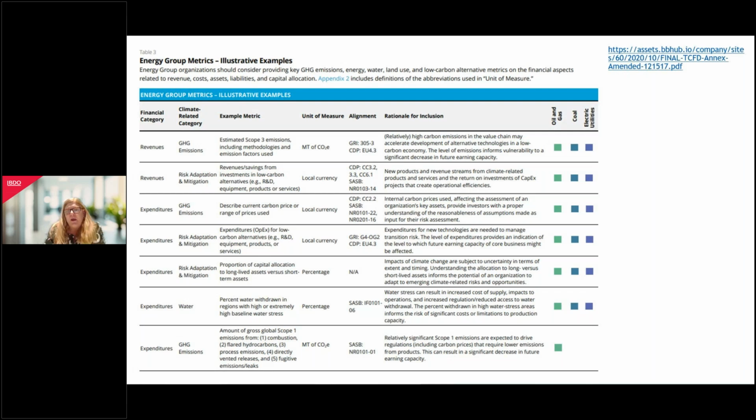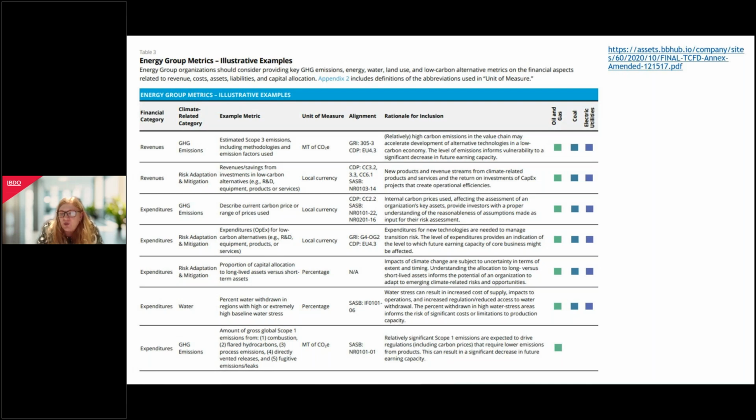And then they've put in a column around alignment. So this is alignment to other standards like GRI or SASB, etc. And they've explained the rationale for including this. So for example, on water, they've said water stress can result in increased cost of supply, impacts to operations, increased regulation, reduced access to water withdrawal.